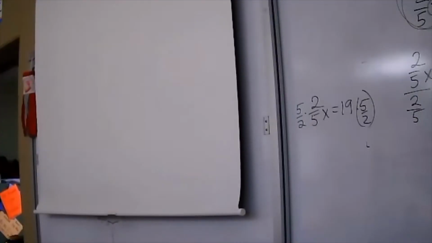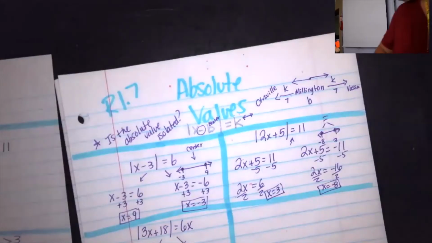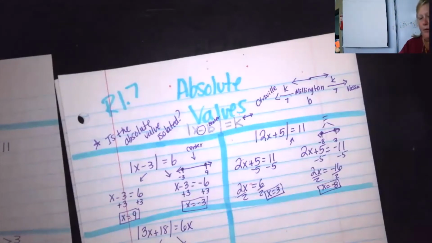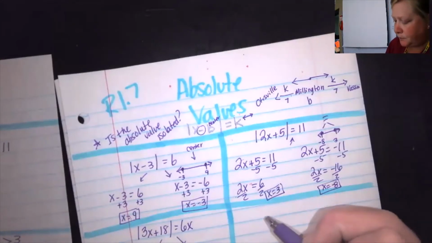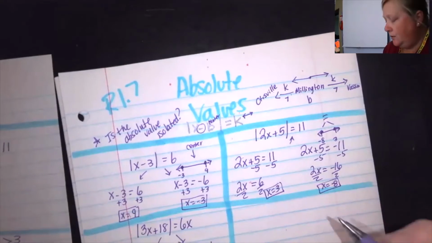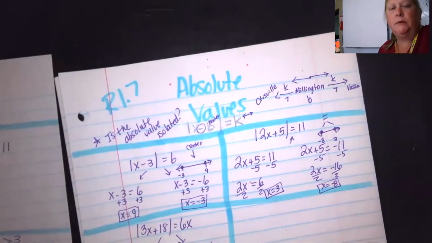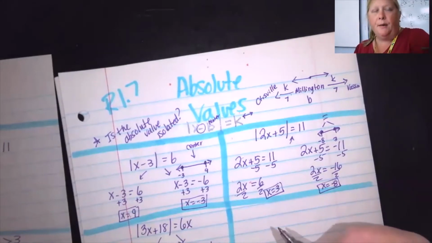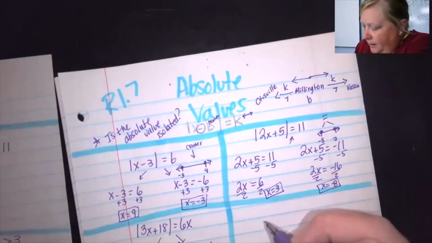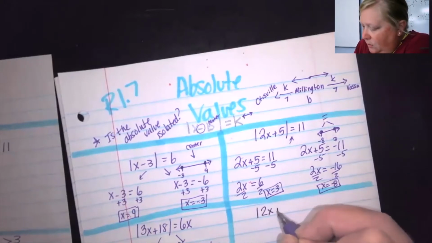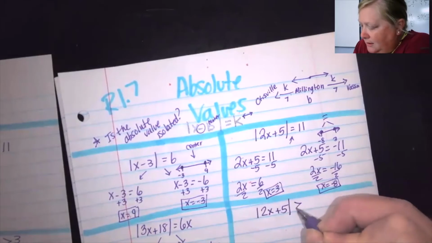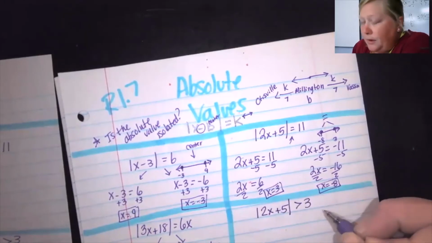Okay. So back to, okay, here we go to continue. Now let's go into inequality. So do you remember talking about the inequalities? So we just did inequalities, so we have to apply the inequalities to the absolute values.